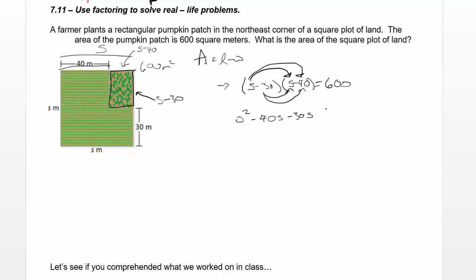And minus 30 times minus 40 is plus 1200, or 12, and then there are 2 zeros at the end. Or just use your calculator to multiply 30 and 40. You get 1200. And this is equal to 600. I can combine these like terms.